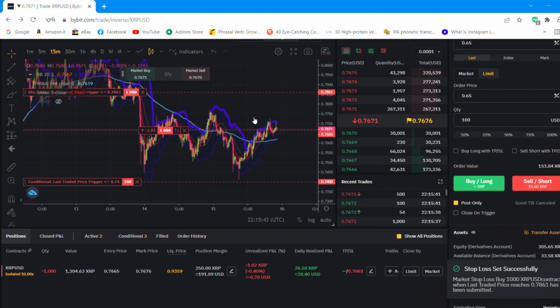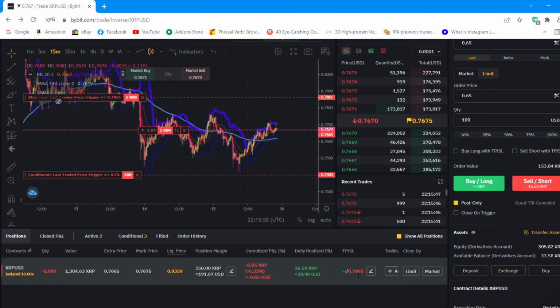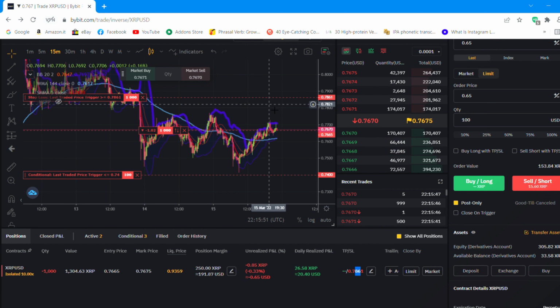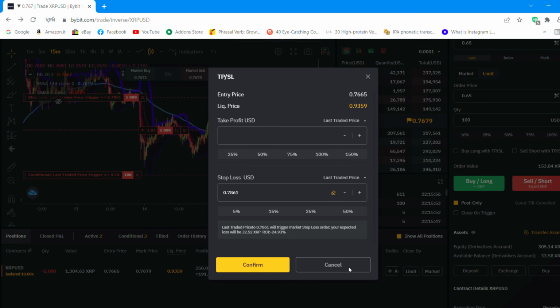If I have a stop loss in at 25%, that means if the price reaches 78.61, this position will be closed, which means I will have lost 25% of my money. I will have lost 32 XRP. So that's the general use of the stop loss.